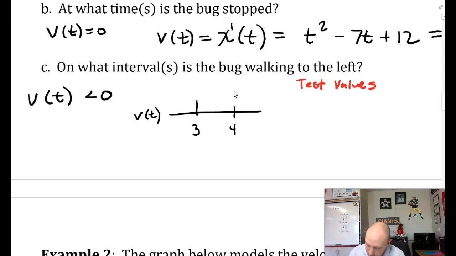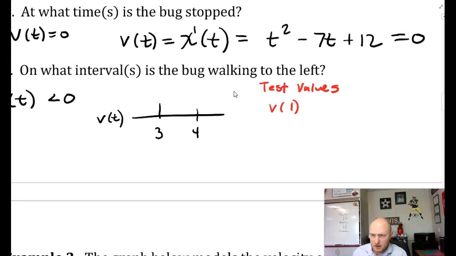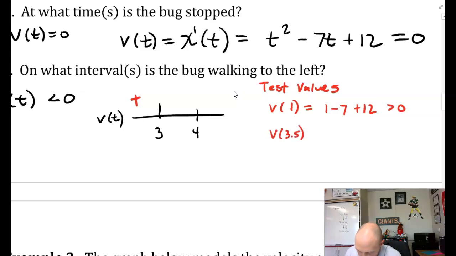So let's go ahead. I can test v of, well, you know what? I plugged in 0 already. We'll test 1, because I think our graph starts at 0. So I'll plug in 1, and we get 1 minus 7 plus 12. Well, that's positive. That's greater than 0. So that region's positive. Okay, what about v of 3.5?